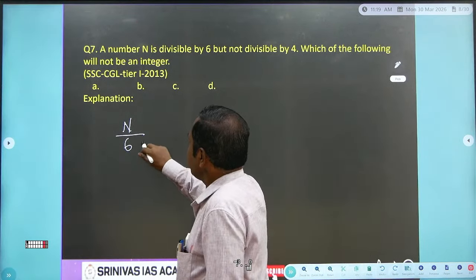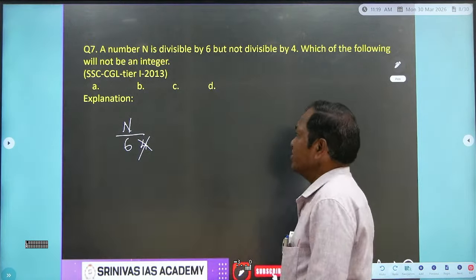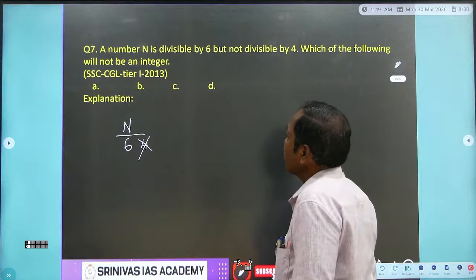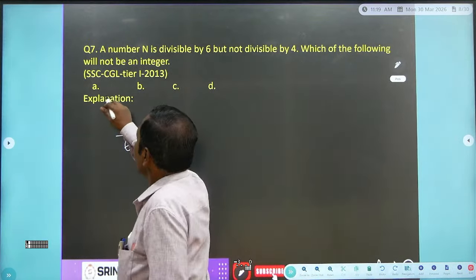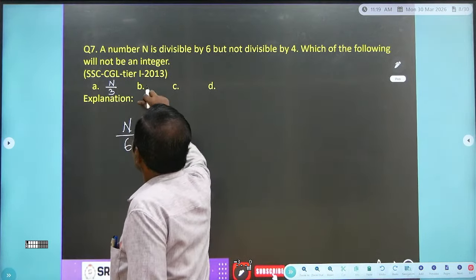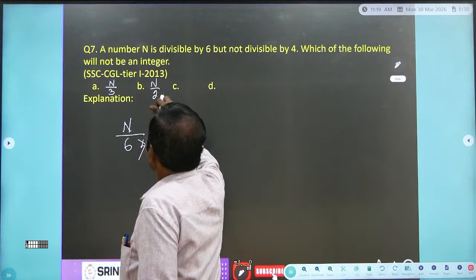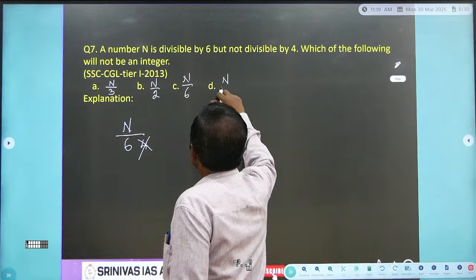That's what the question says. What are the options? n by 3, n by 2, n by 6, n by 12. Answer is n by 12.